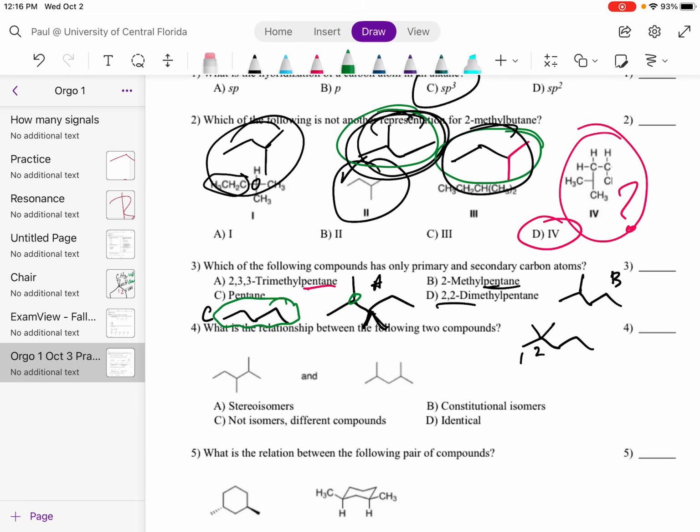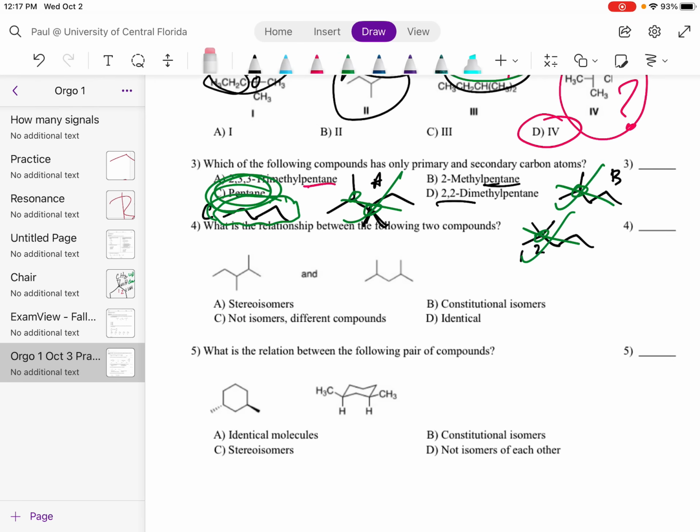That's a tertiary carbon. That's a quaternary, tertiary, quaternary. So those are all out. So the only answer that's possible would be C, which is pentane. Okay, so answer C.